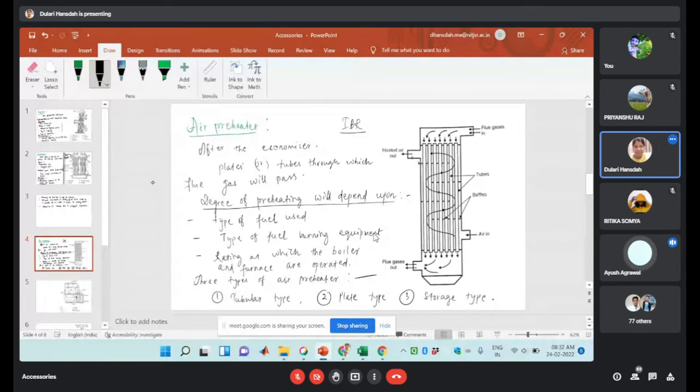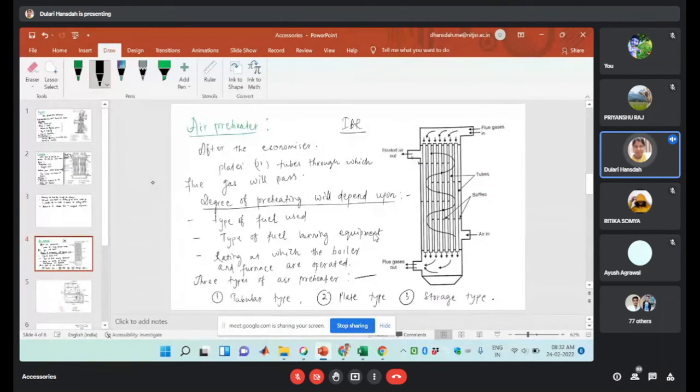Okay. So three types of air preheaters are available: a tubular type, a plate type, and a storage type. This is an example of a tubular type air preheater.